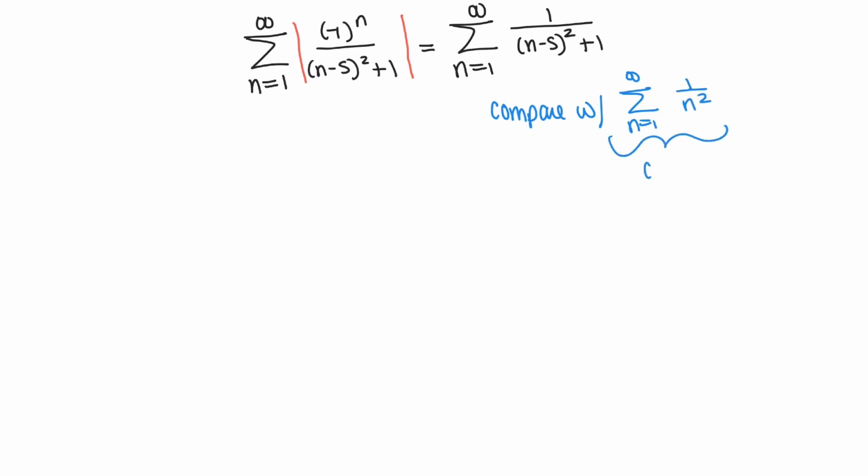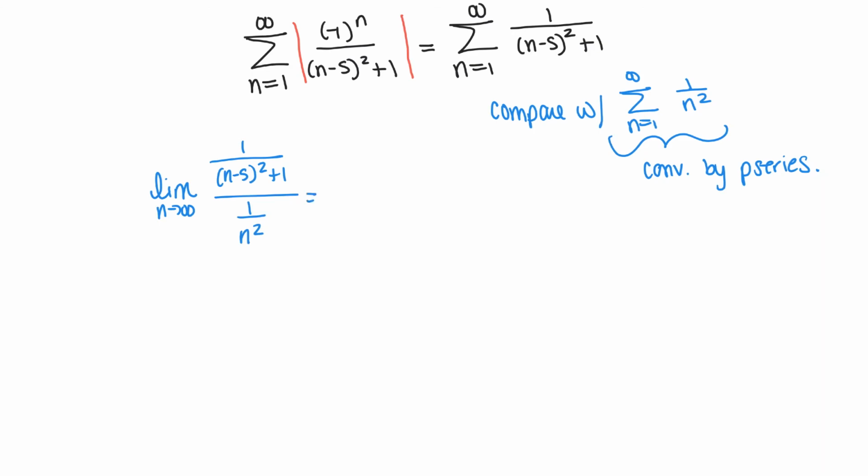And this I know converges by a p series. So now all I have to do is determine that the limit as n approaches infinity of 1 over n minus 5 squared plus 1 all over 1 over n squared is finite and positive. And if I have that, I've got everything I need. So I'm left with n squared over n minus 5 quantity squared plus 1.